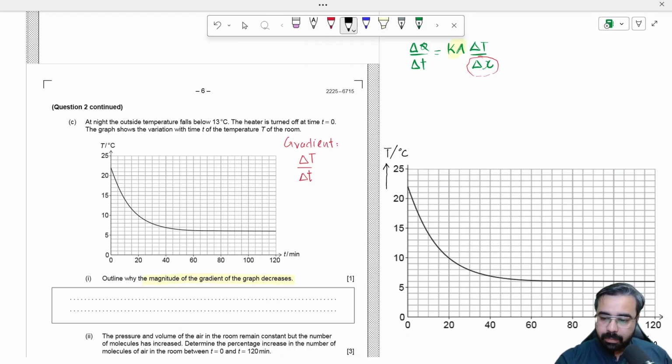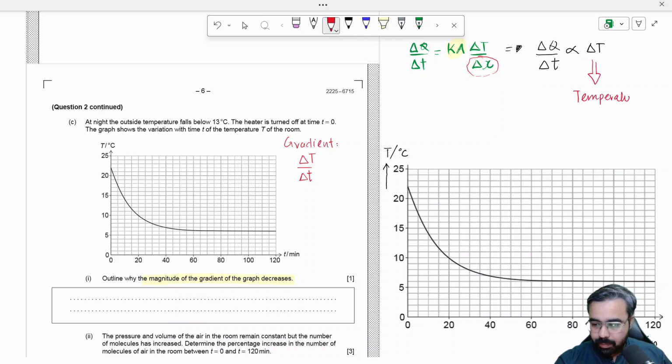So can we make our understanding that the rate of transfer of energy is proportional to delta T, right? If the rate of transfer of heat is decreasing, it means that it is affected by the change of temperature. That's why, what we see from the graph is that as the temperature is decreasing, the delta Q over delta t is decreasing.